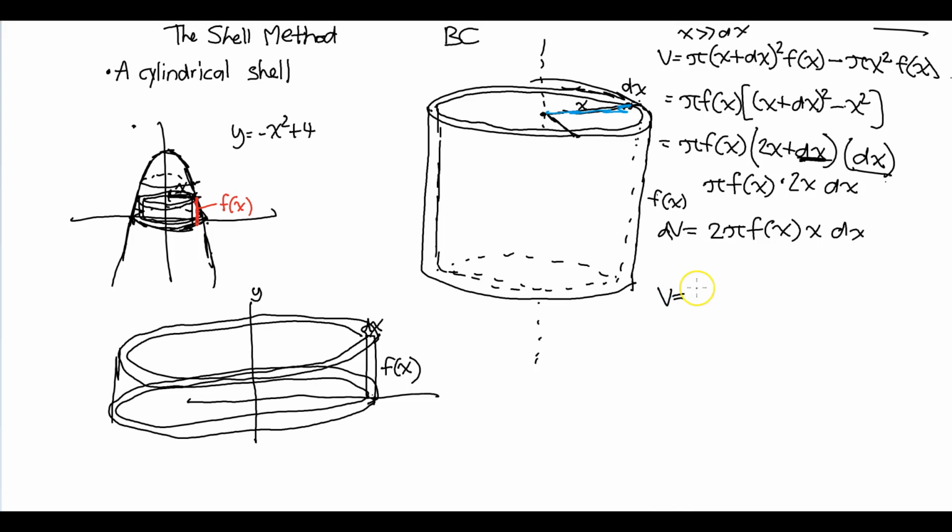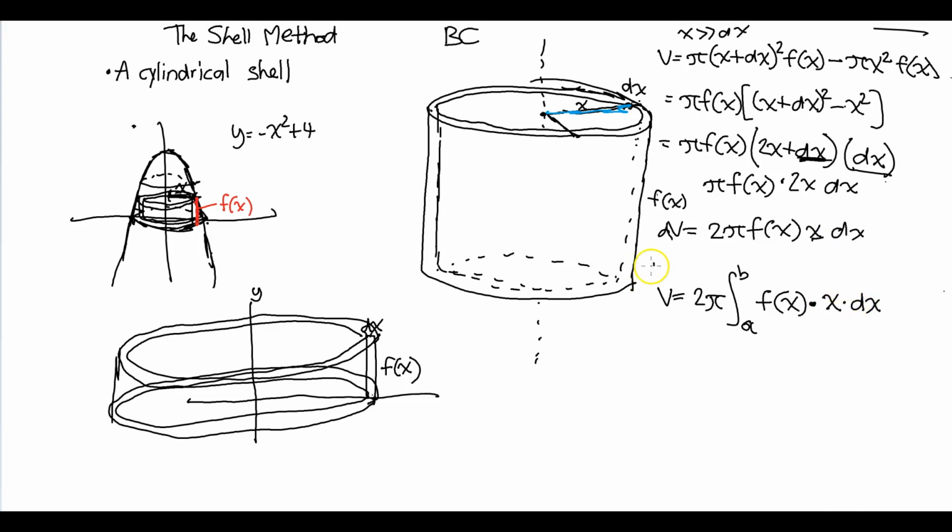So if we integrate both sides, we get v equals, you can pull out 2 pi, from a to b of f of x times x times dx.